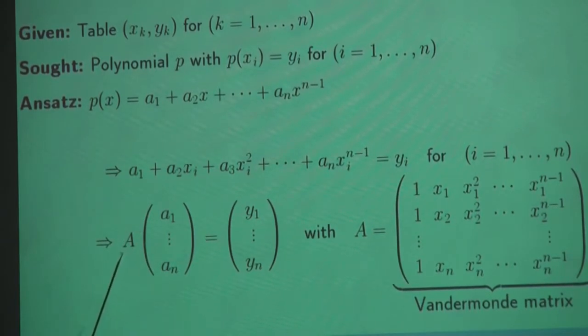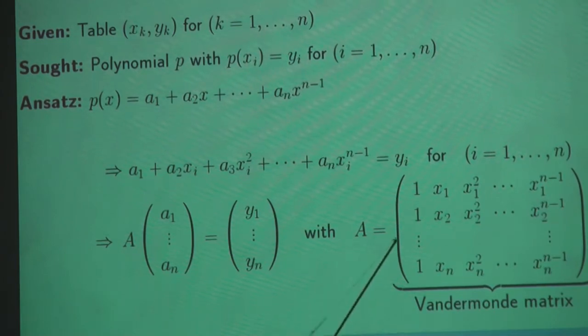This matrix A contains all the rest we have here, which is 1 times a1 plus x1 times a2. Look, 1, x1, x1 squared, and so on, up to x1 power n minus 1. And in the second line, the same with x2, and up to xn in the last line.